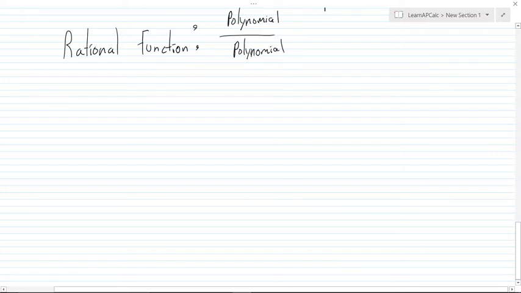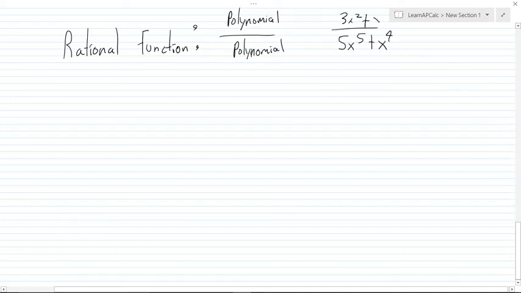So for example, we could have, say, 3x squared over 5x to the 5th, or, I'm sorry, this would not be a rational function, but plus x to the 4th. This would be a rational function.